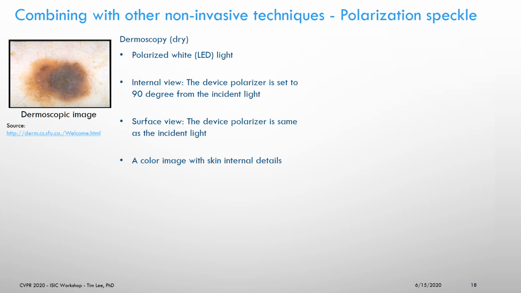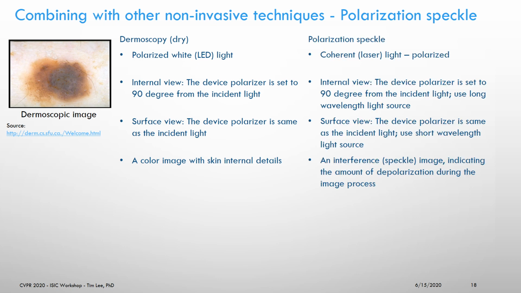We could also get a surface view from a dermoscope by setting the device polarizer to the same direction as the incident light. The surface mode, however, is not used that often because most people want an internal view from dermoscopy.